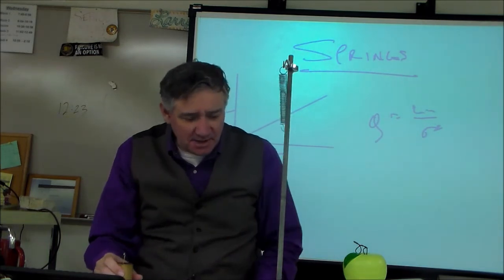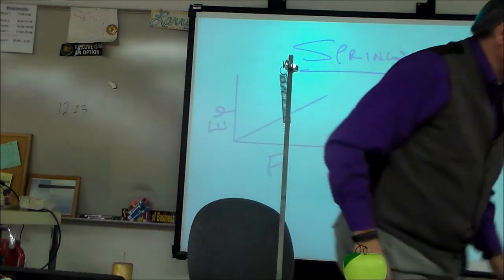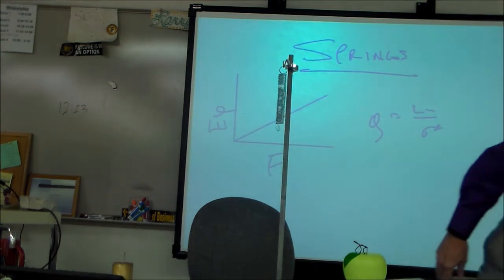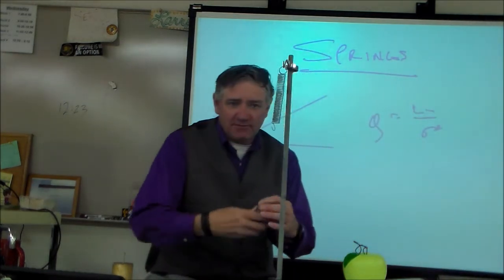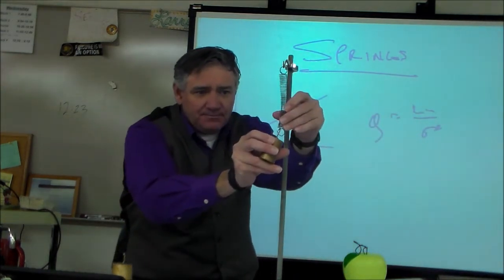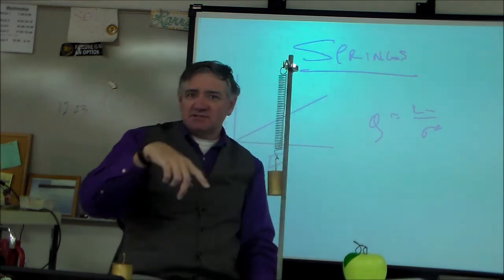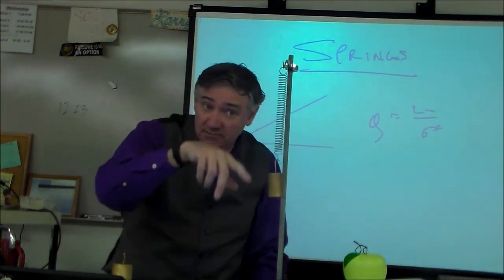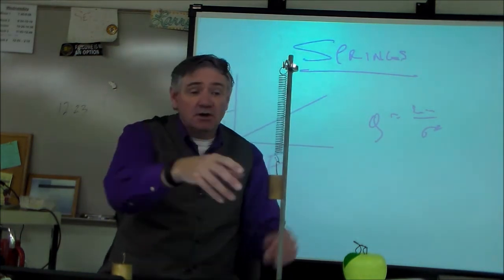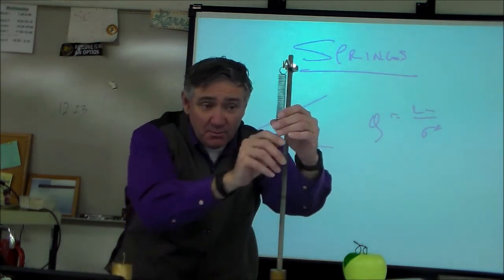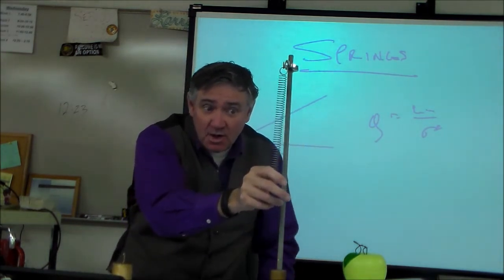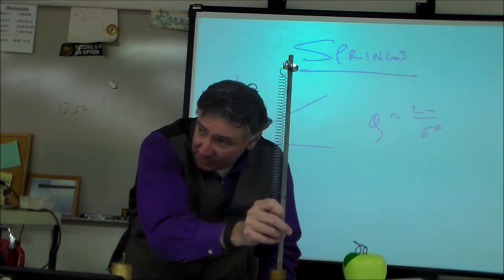But here's the odd thing about springs: if I only put a 1/2 kilogram mass on there, it doesn't stretch as far, so I don't do as much work, right? So the more I want to stretch it, the more force I have to exert.